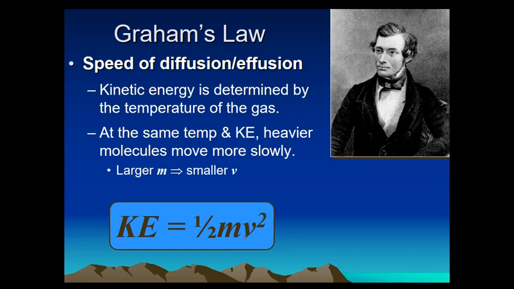So the more massive particles will have a lower velocity, which is v, and a higher mass. Smaller particles will have a higher velocity and smaller mass, but all particles at the same temperature will have the same kinetic energy. Kinetic energy is dependent on the temperature only.